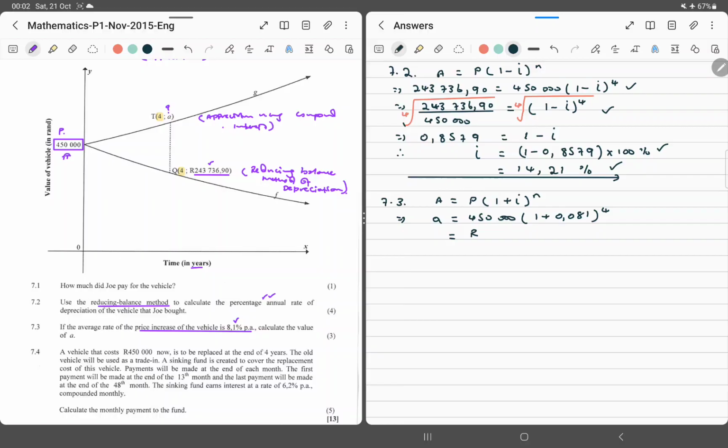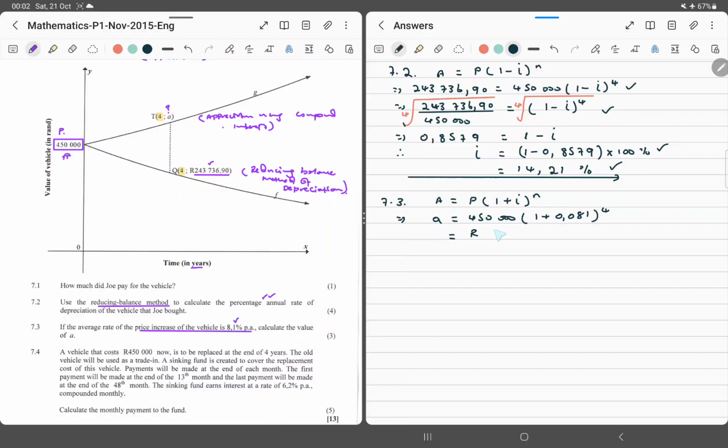450,000 into 1 plus 0.081, to the exponent 4.